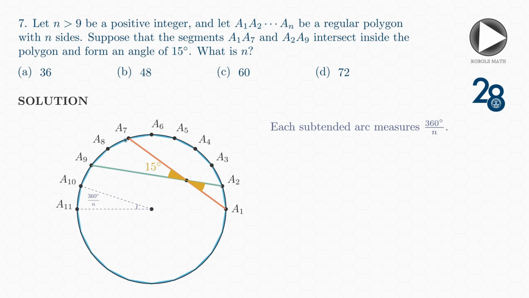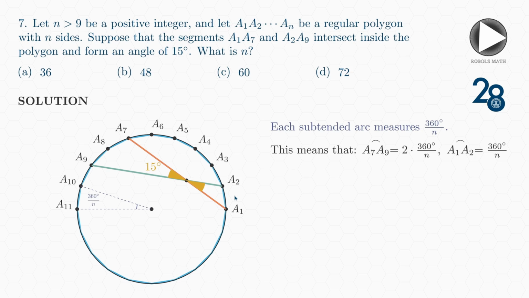So this space right here, a sub 7 to a sub 9, should measure 2 times 360 over n. And then this one should measure 360 over n. And here comes the fun part.